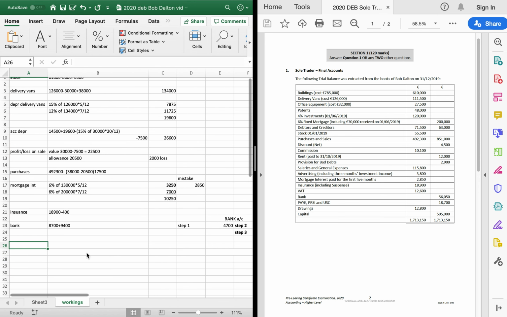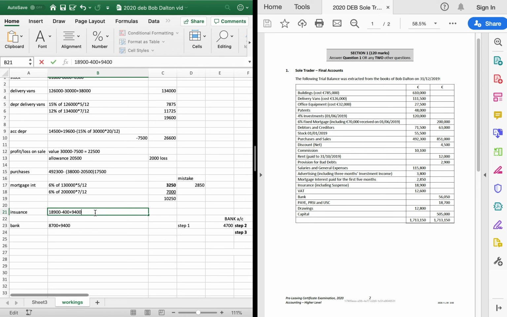Okay, so the bank overdraft is going up by 9.4. So this side goes up by 9.4, which means this 1713 is up to 1722. It's 9.4 more on this side. So if this is 9.4 greater, we have to add 9,400 to whatever incorporates suspense.